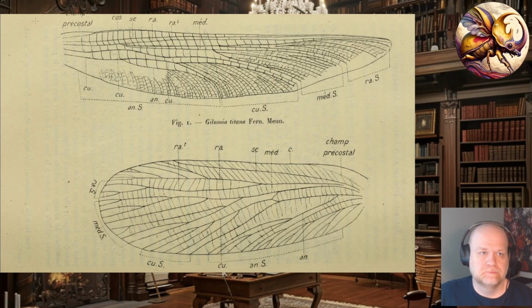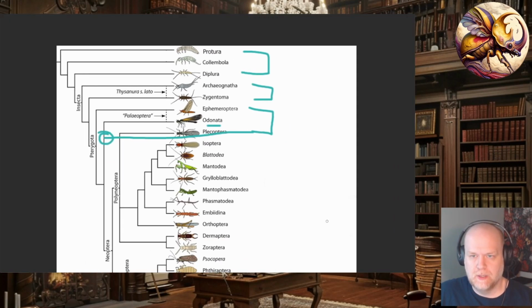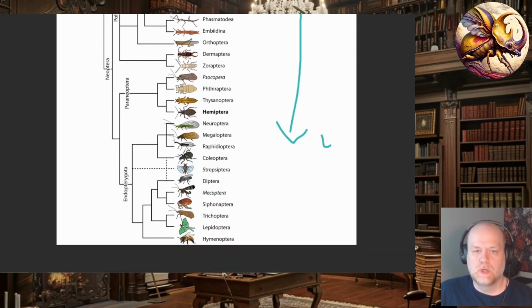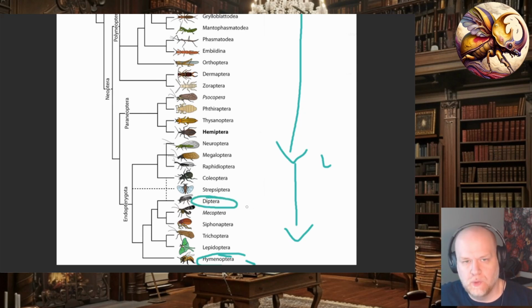Generally speaking, going back to that cladogram, if we zoom out here, once you are talking about winged insects, as you go down the list, you go from high wing venation to low wing venation. So they make do with fewer and fewer wing veins. And then you get to things like some of the wasps and some of the flies, and they have very, very few veins in their wings.